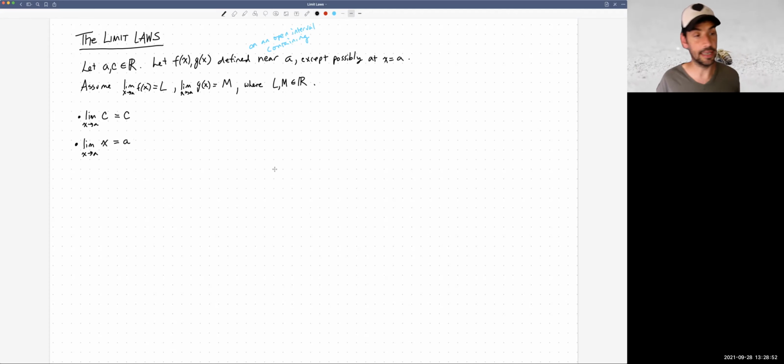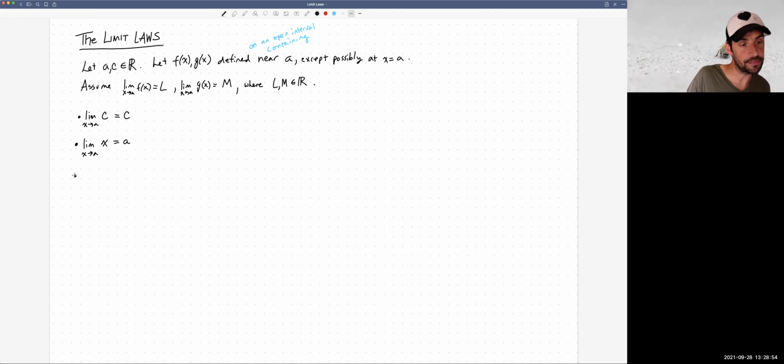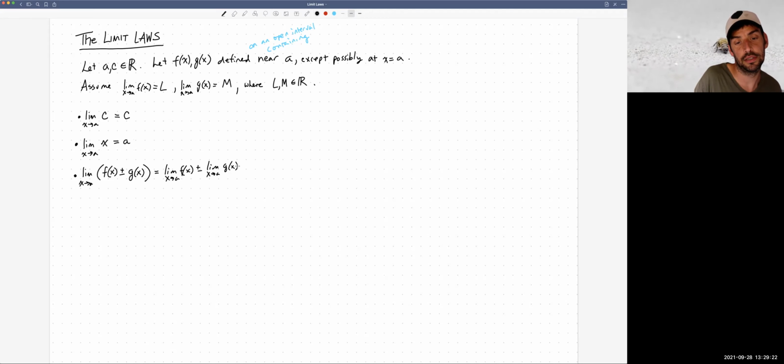All right, let's get a little more interesting. If I take the limit as x goes to A of the sum or difference of two functions, this is equivalent to taking each limit individually and adding them together.